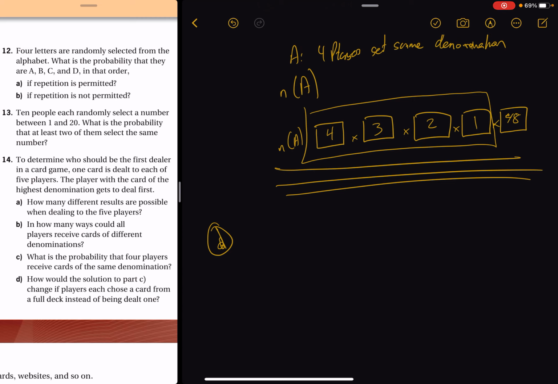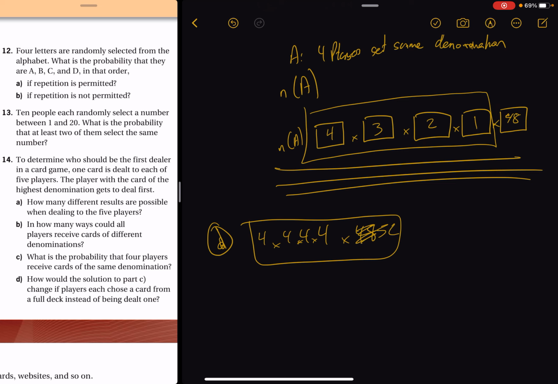How would the solution to part C change if the players chose a card from the full deck instead of being dealt once? Well, you'd have 4, 4, 4, 4 times 48. But then I have to think about the number of ways that... No, not even. 52.